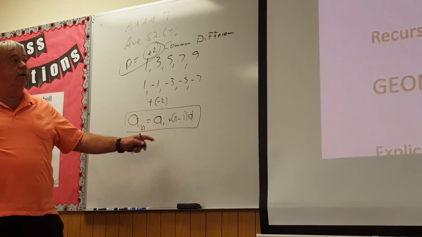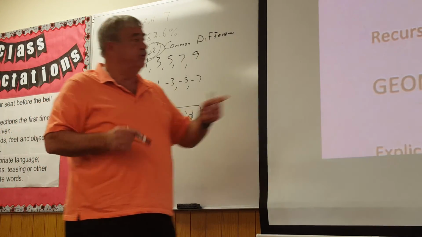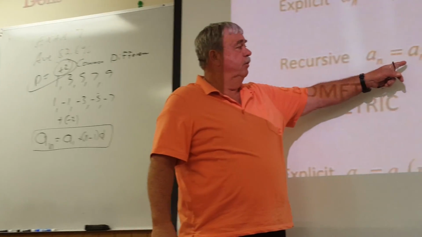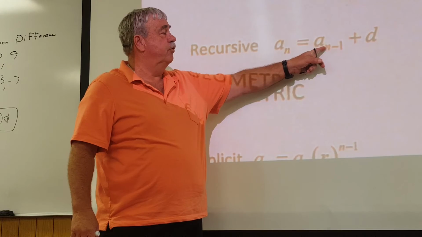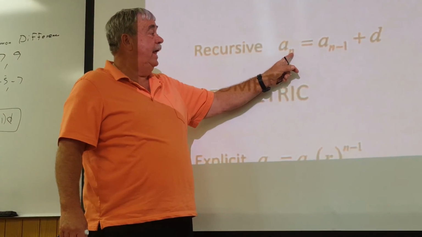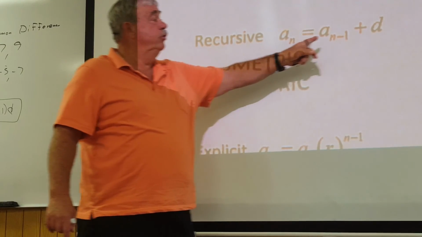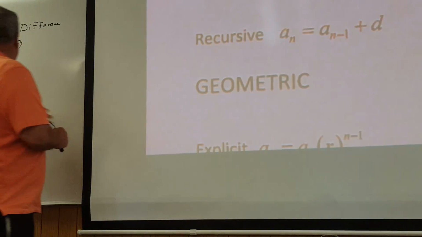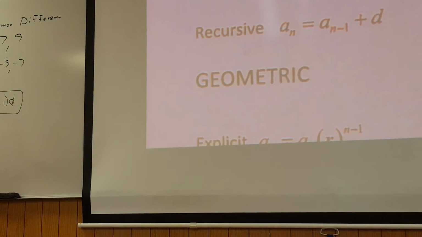Okay? Now, remember that recursive formula that we did a little bit here? Remember, if this is the first term, this is the second. Remember that n minus 1 and n? And all we're doing is adding the difference each time. So see, this one is 1 plus 2, which is 3.